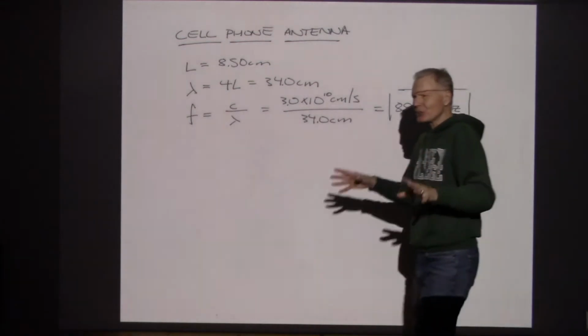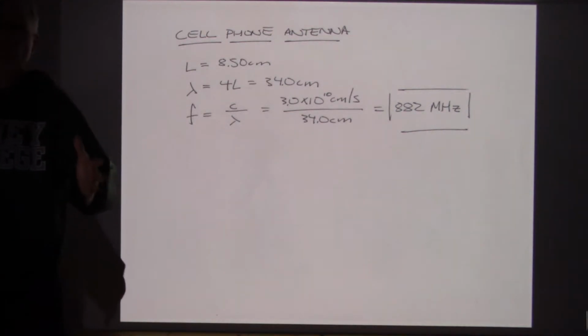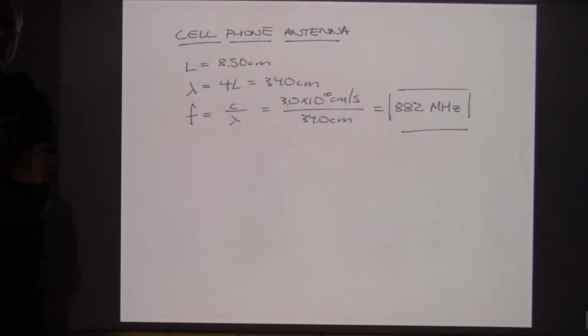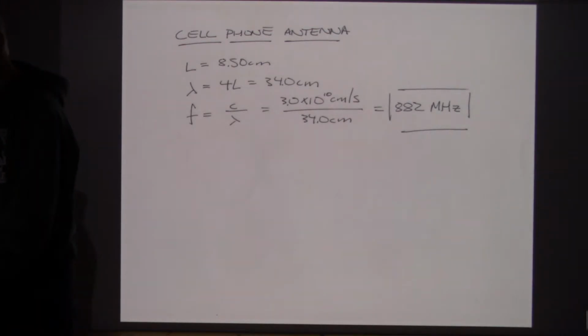I would have to go and check what range of frequencies have been allocated for cell phone communications, but I'm guessing the number we've come up with is allowed by the Federal Communications Commission, FCC, whoever they are, that allocates the different ranges of frequencies for different uses. Okay, well, those are the kind of problems you want to see show up on the midterm, right?